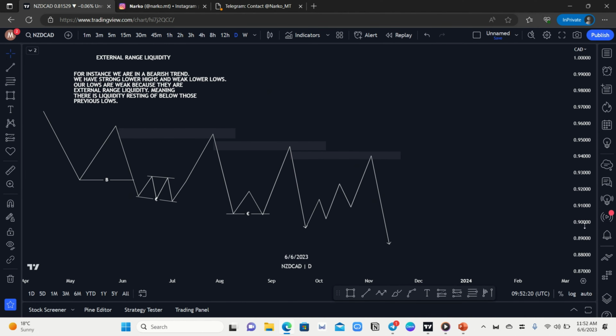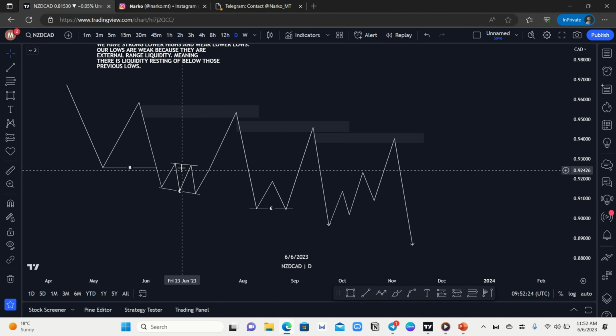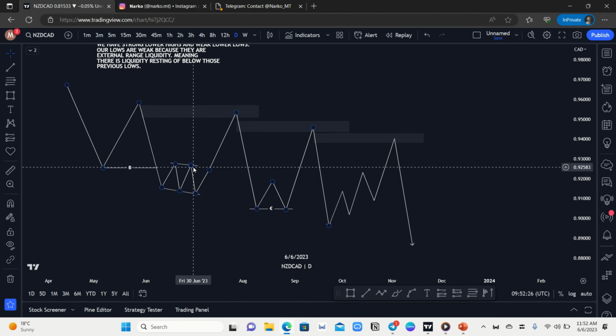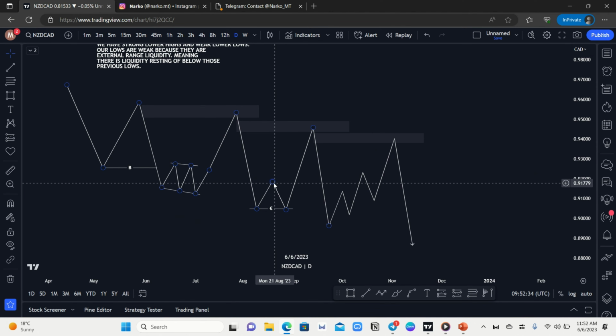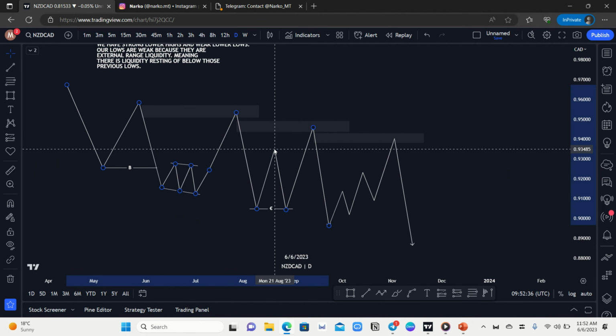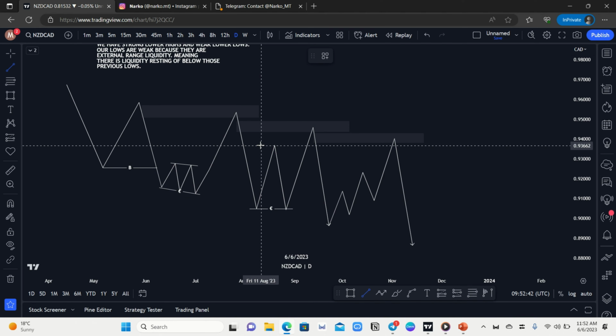Now, if we put all the things together, this here can be our trend line liquidity, which is internal range liquidity. This here, if you push this to the downside like this, can be a form of inducement trap, whereby it's also internal range liquidity.